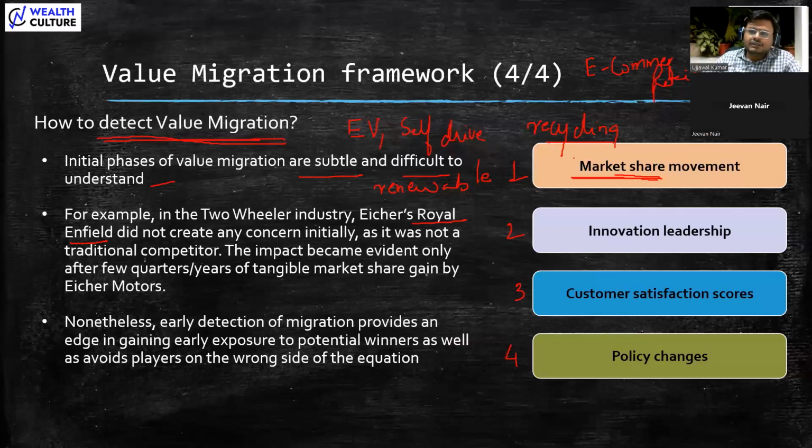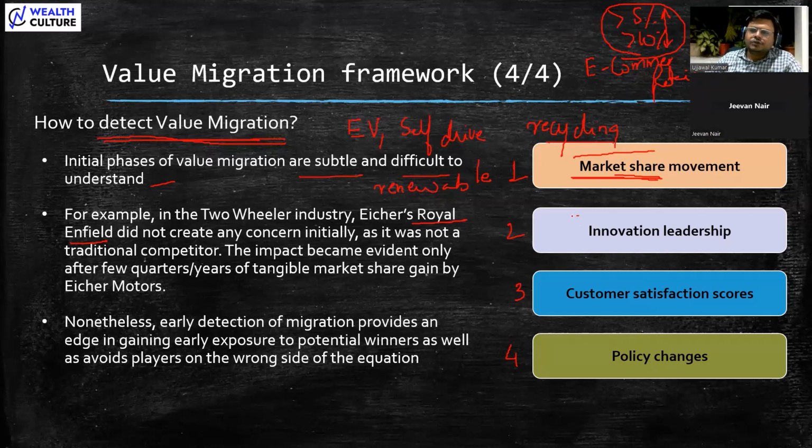That is when you know that this is a significant trend. So let's say if it starts to cross 5%, 10%, still in the growth phase but reaching a minimum significant number, after which you can start to look at this as a serious value migration trend.